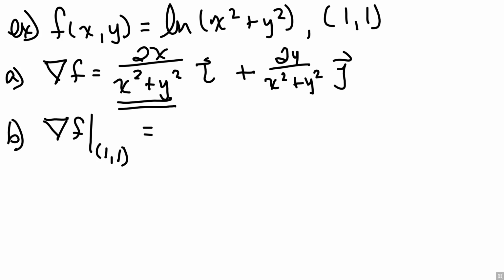Two in the i direction and two in the j direction. Be careful. It should be just 1 in the i direction, since the 2 cancels out, plus, when we evaluate this at 1, 1, it's going to be 1 in the j direction. Any questions there?